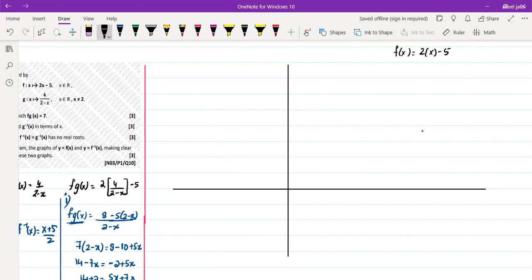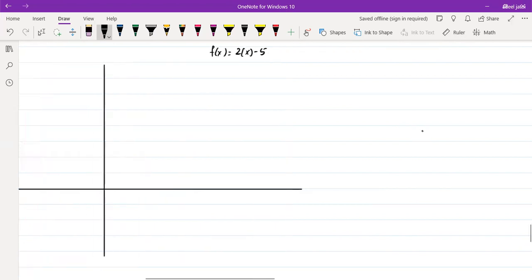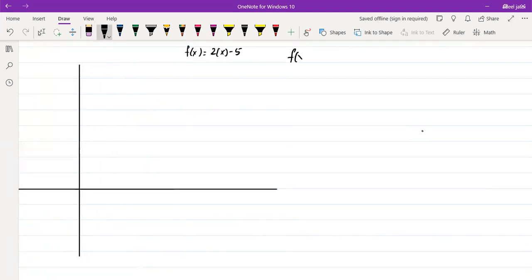If we substitute 1, we get what? Minus 3. So f(x) is equal to 2x minus 5. If we substitute 0, we should be getting minus 5 only.